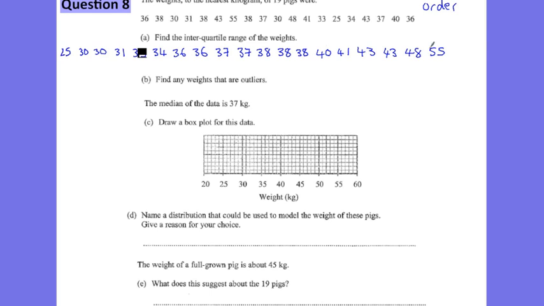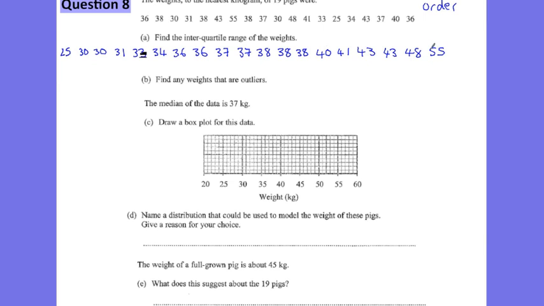Before moving on, check that you have 19. 1, 2, 3, 4, 5, 6, 7, 8, 9, 10, 11, 12, 13, 14, 15, 16, 17, 18, 19.